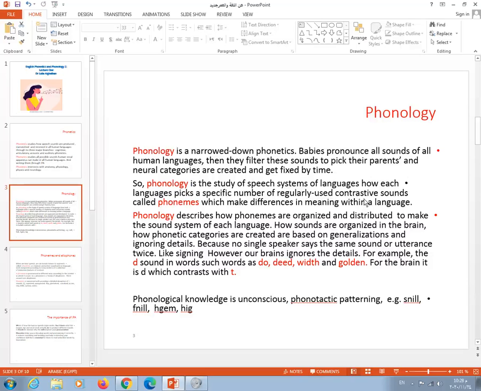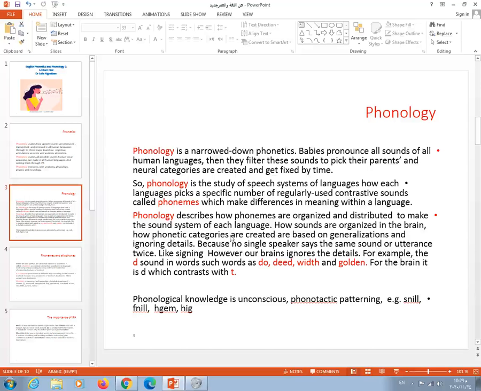Phonology also is the study of how speech sounds of a particular language are organized and chosen by speakers of this particular language, and how they contrast with one another.